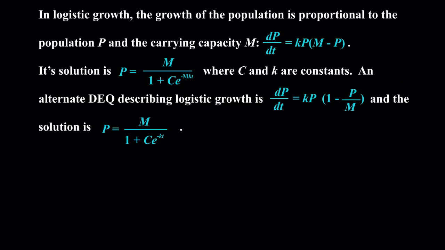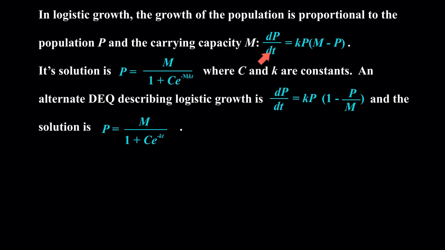All right, logistic equations is what we're going to be talking about today, and logistic functions are a way of describing growth of populations. In logistic growth, the growth of a population is proportional to the population and the carrying capacity, M. Carrying capacity is going to be what the maximum population could be, okay?